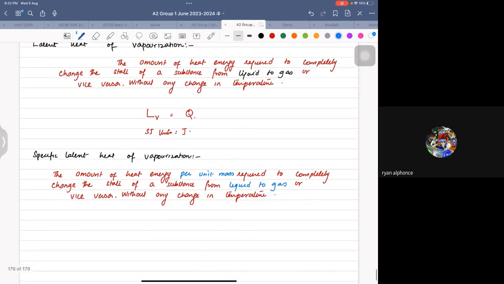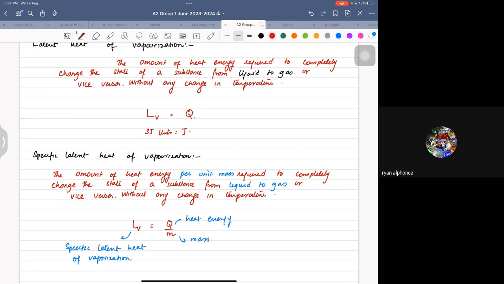Specific latent heat of vaporization is written as small l and v. It is Q over M, same formula, where this is heat energy, that's the mass.